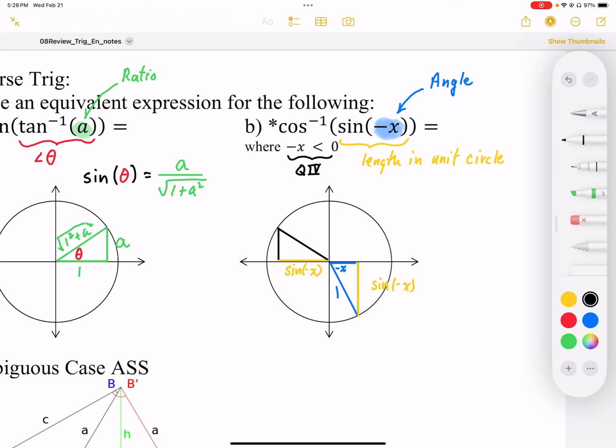So the arc cos means I'm trying to find the angle here. I'm trying to locate the position that gives me this horizontal position of sine negative x. So I need to find that angle position, and it needs to be in terms of x. That negative x, since we're talking about a triangle, we're just going to call that x.